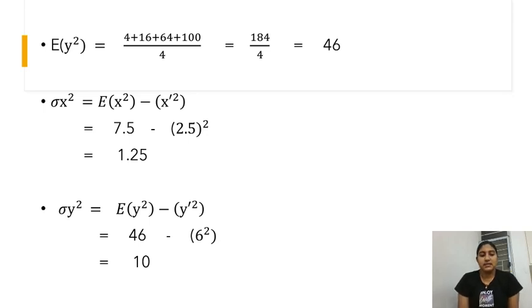Sigma x square equals expectation of x square minus x bar whole square. The expectation of x square is 7.5, and x bar is 2.5, so x bar whole square, and the result is 1.25. Similarly, sigma y square, the variance of y, is 46 minus 6 square, that is 46 minus 36, equals 10.